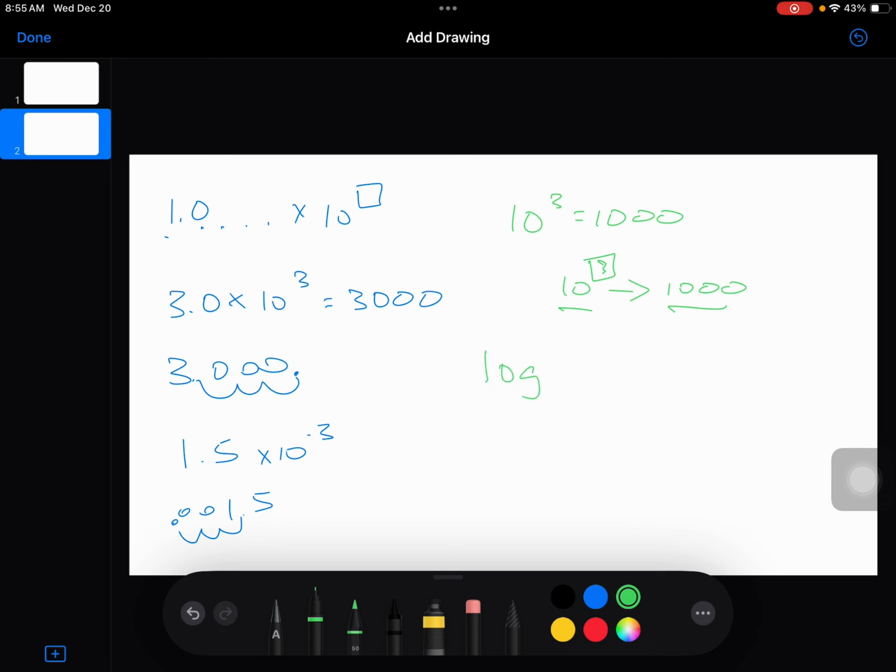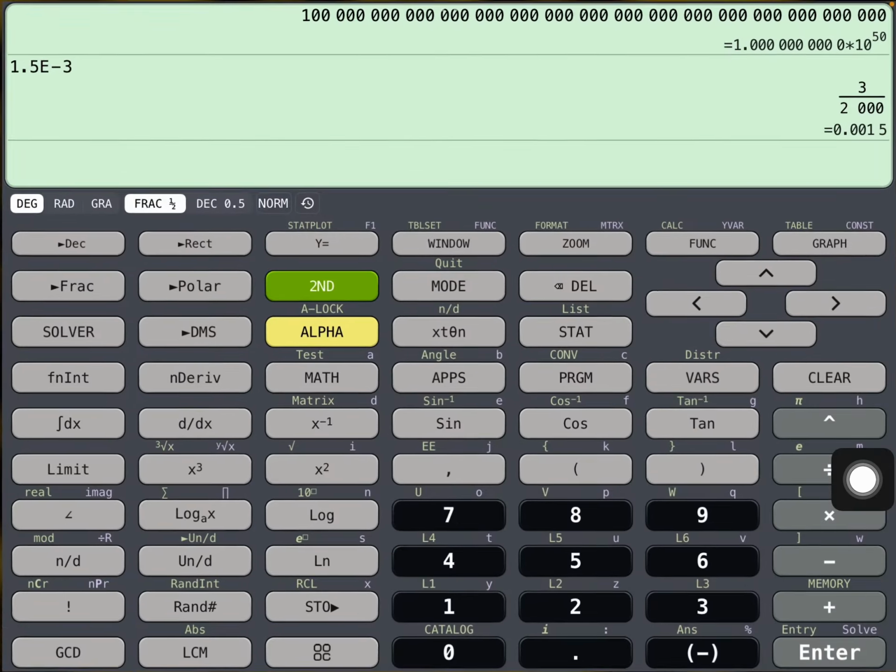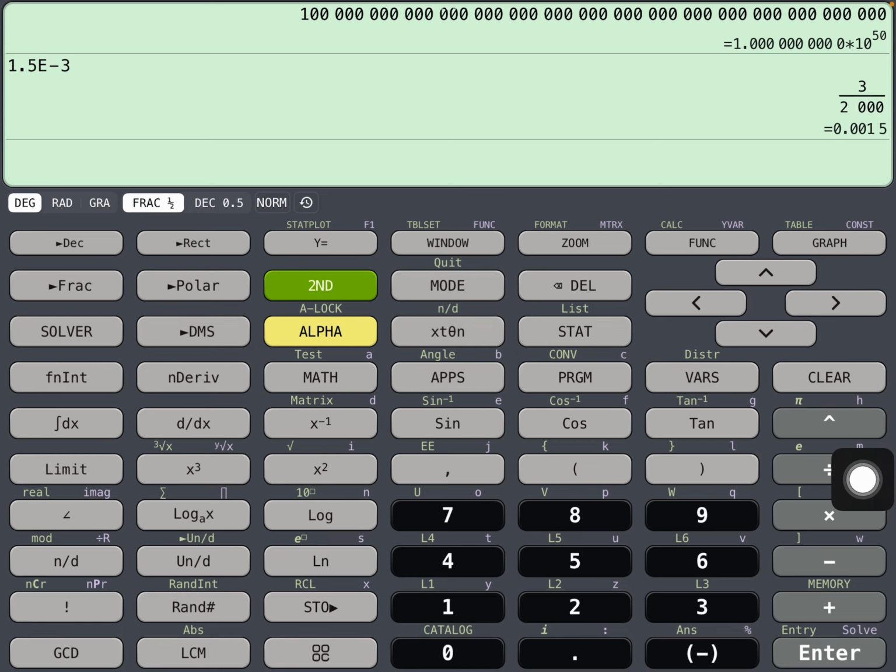So if we just have log, then that base is 10. And generally speaking, we're going to have log base A of B equals C, where A to the C equals B. It's kind of backwards. You can see that this is the exponent, this is the base, and that's the outcome there. And back on the calculator, you can see log there is above ln, below x squared. Now let's just do log.